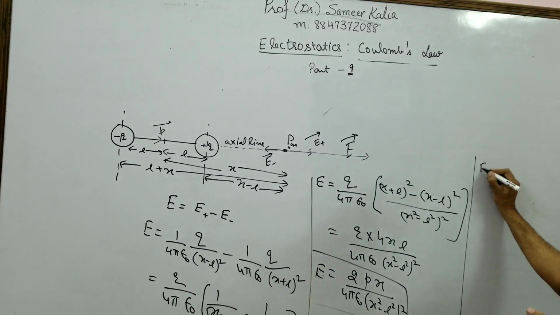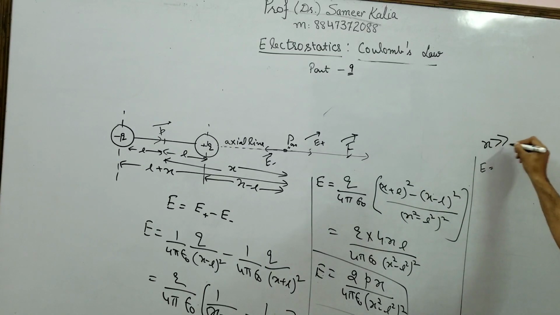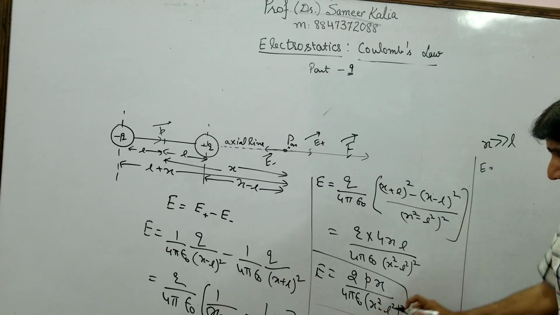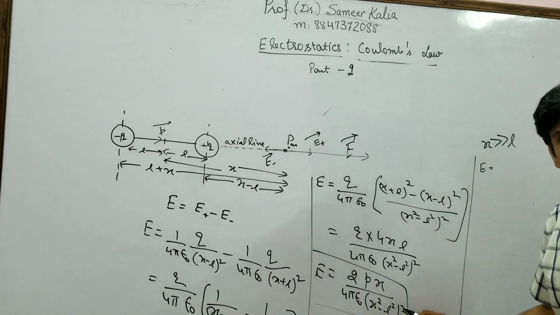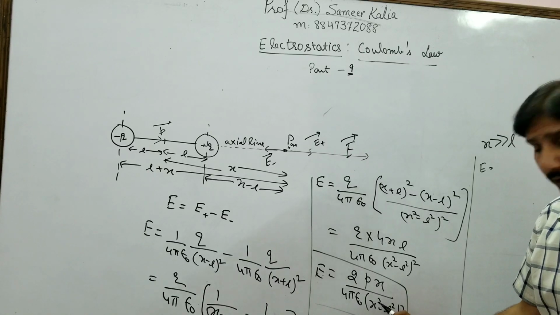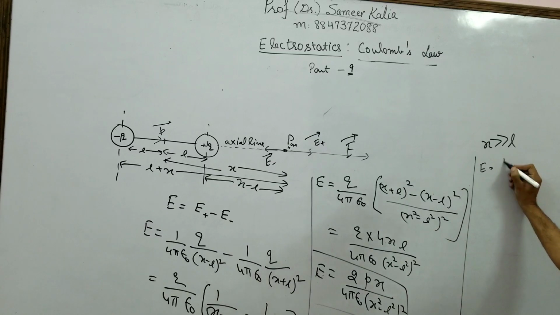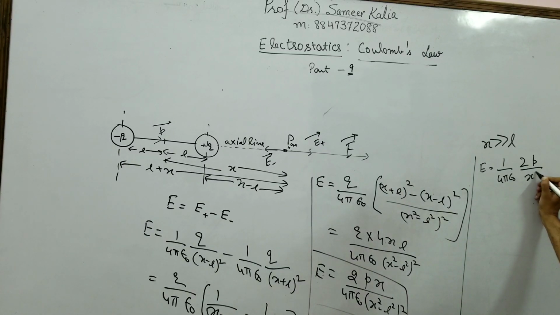I am assuming that x is very much greater than L, so I ignore L in this expression. What do I get? X square whole square, that means x raised to the power 4. I've got 1 x in the numerator, so what do we get? E is equal to 1 by 4 pi epsilon naught 2p by x cube.